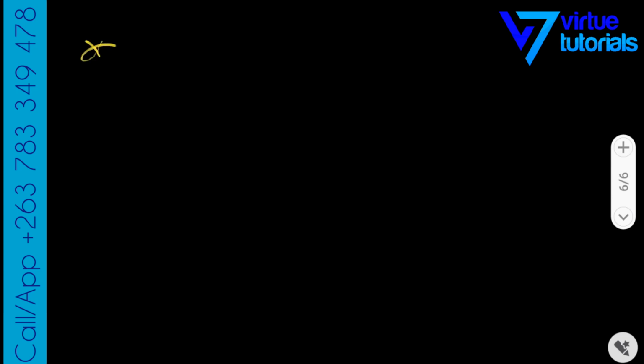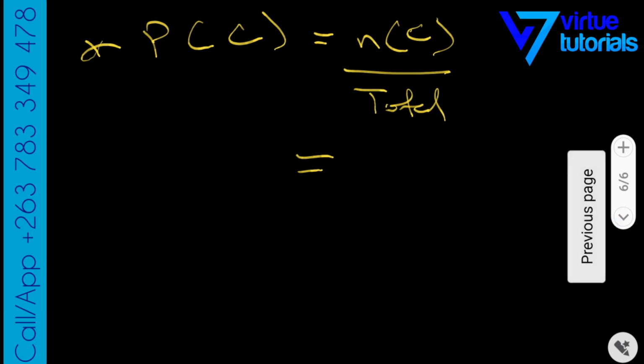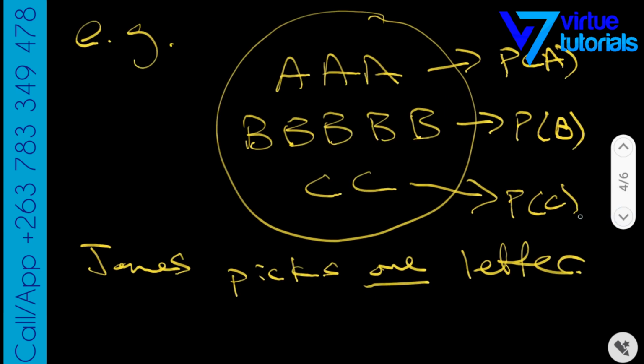The probability of James picking a C will be equal to the number of C's over the total. Right? How many C's are there? If we go back to our set, we have 2 C's in a set of 10 letters.